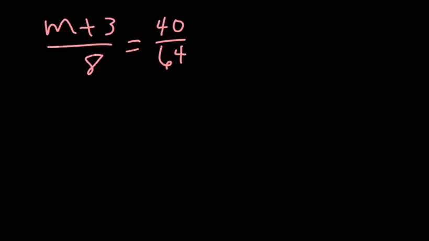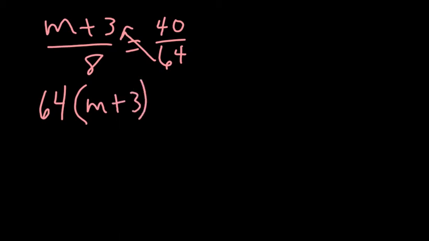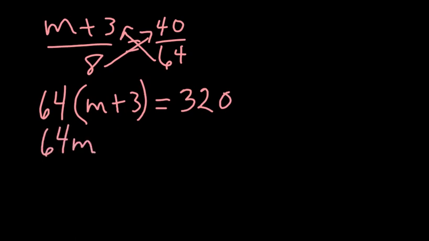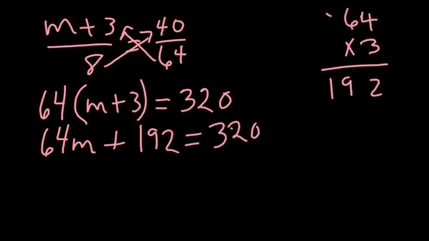Let's try this one. 64 times m plus 3. That's 64 parentheses m plus 3 equals 8 times 40. Well, 8 times 40 is 320. Okay, so distribute. 64m plus 64 times 3, which is 192.